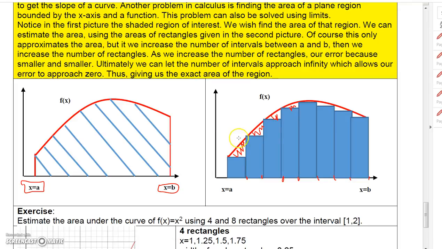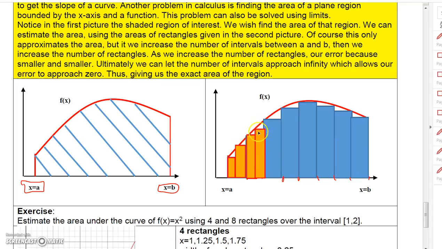But if I increase the number of rectangles, that would decrease the error. I didn't do it all the way across, but notice here where I had 2 rectangles, I now have 4. That trims down some of the error that I'm losing.